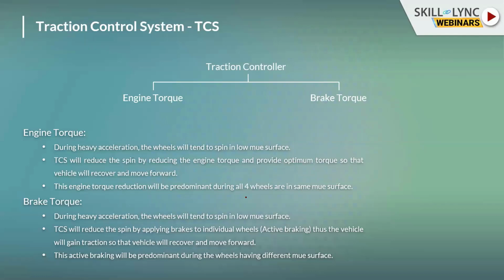During that time, the traction control system will reduce the engine torque. The ESP will request the VCU, the vehicle controller unit, to reduce the engine torque, for combustion or for electric, both.